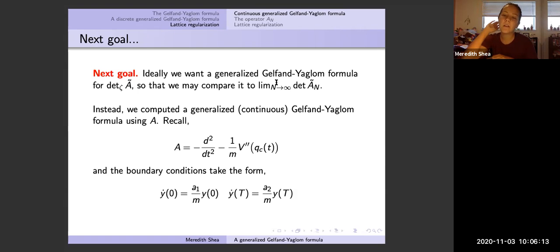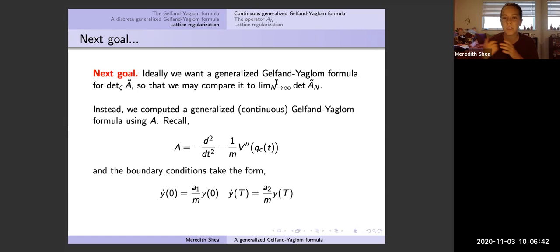So instead, we take a step back and I compute a generalized Gelfand-Yaglom formula for A. When I say generalized, that means it's going to have these Lagrangian boundary conditions. But it's going to be in terms of the zeta regularized determinant of the operator A, where we amend the boundary conditions on A. So the boundary conditions on the operator A have the following form.